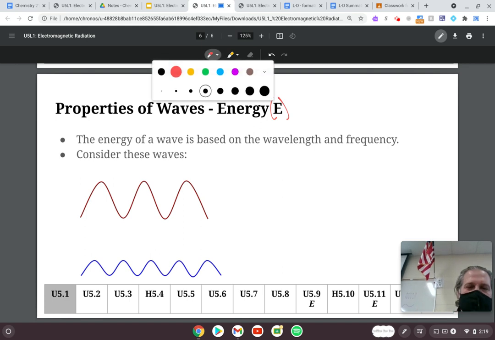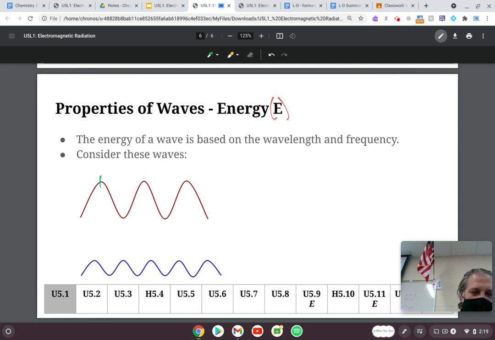So here in the first one, I can say that I have a long wavelength, right?